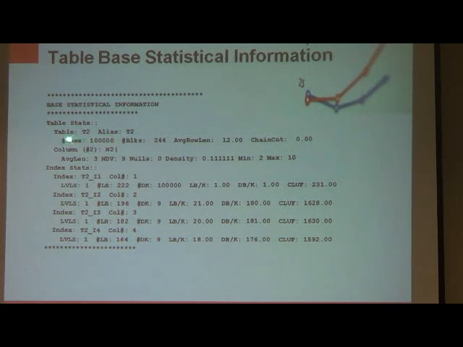This one is straightforward, the number of rows coming from the statistics, the average row length, the change count. This one that shows here is not gathered by DBMS stats. So if you see 0 here, it doesn't mean you have no change in rows. What it means is there is no information available because it's not gathered by DBMS stats.